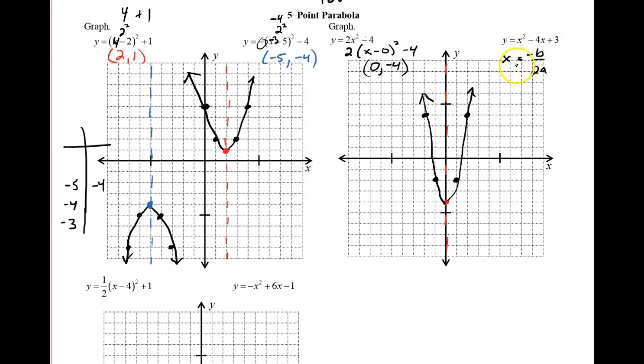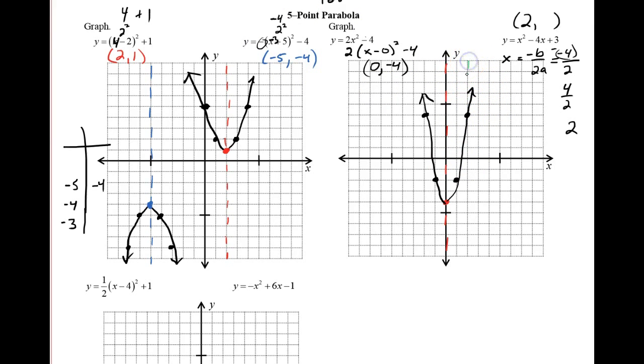That'll tell us the input, or the x value of it. So my b is negative 4, so negative negative 4 over 2 times 1, which is just 2. So that's 4 over 2, which just becomes 2. So I know the vertex is going to be 2 comma something.